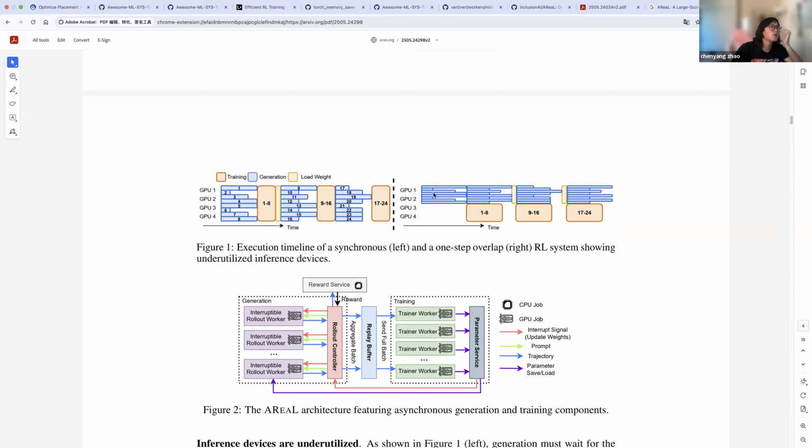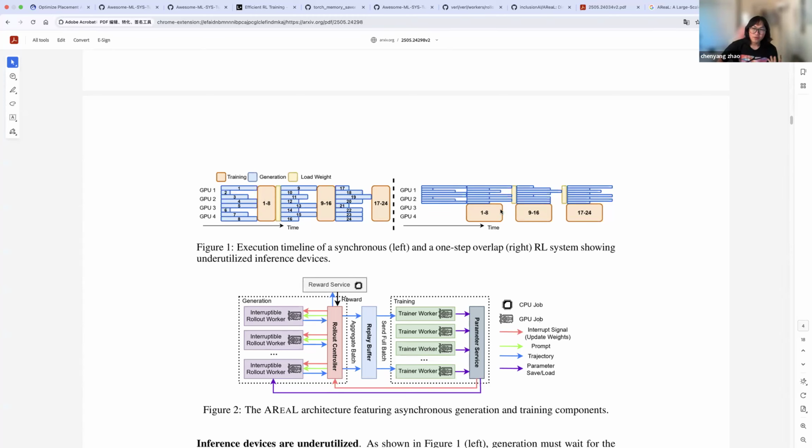When we are doing training, we do not need to stop the rolling out. We let the rolling out engine continue, and after the training is finished, we send an abort request to the rolling out engines, which tells them to stop the generation, update the weights, and then continue to generate. That's asynchronous RL.